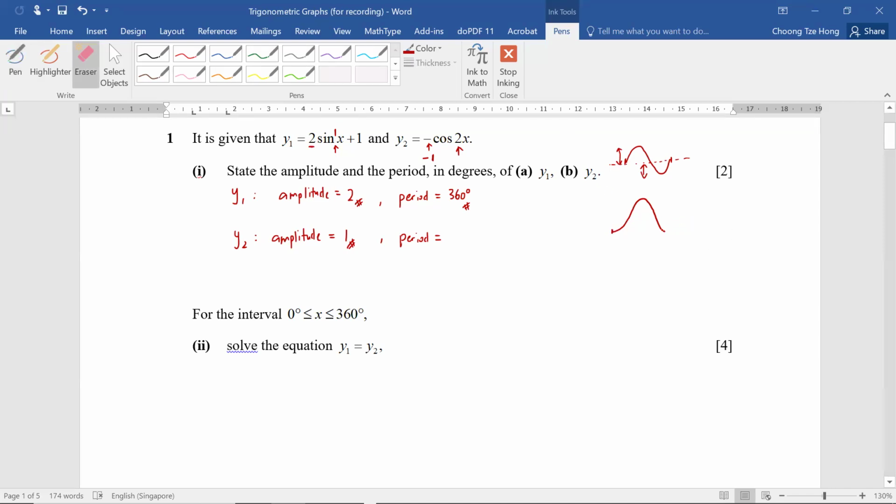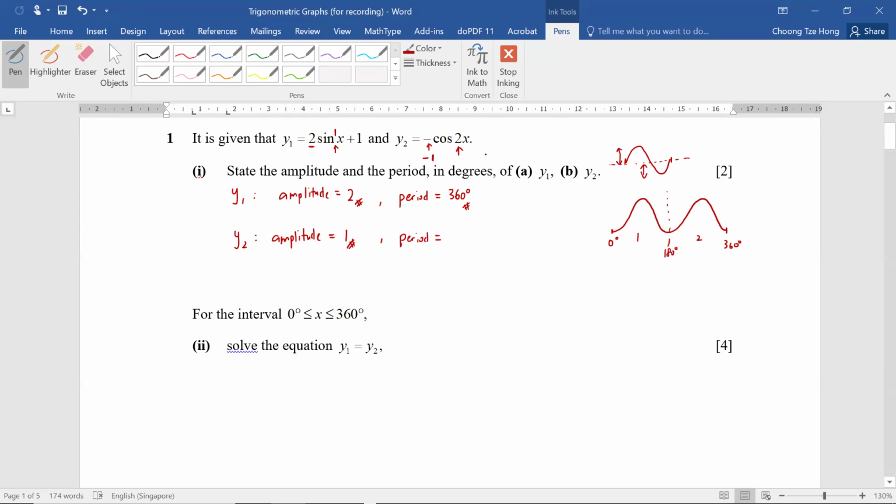Let me redraw it. So from here to here, it'll be 0 to 360. If it's 2, you will get 2 complete waves. From here to here you have 1 complete wave, and then you have your second complete wave. So if from 0 to 360 you have 2 complete waves, then the time for 1 complete wave will just be 180.